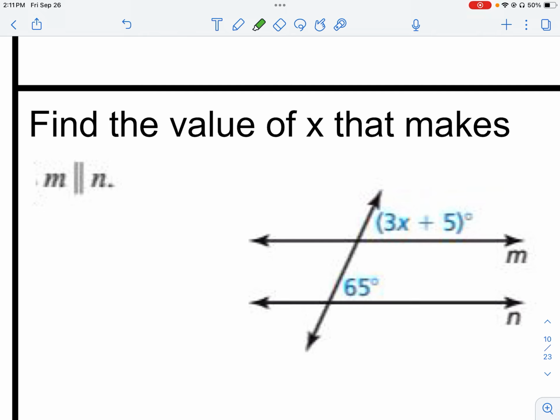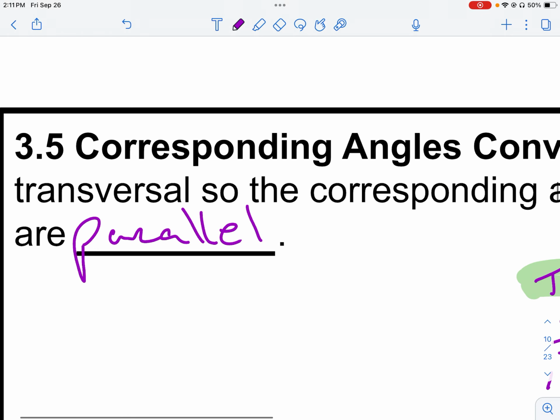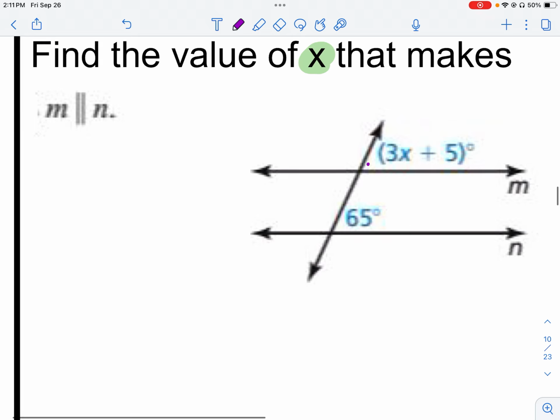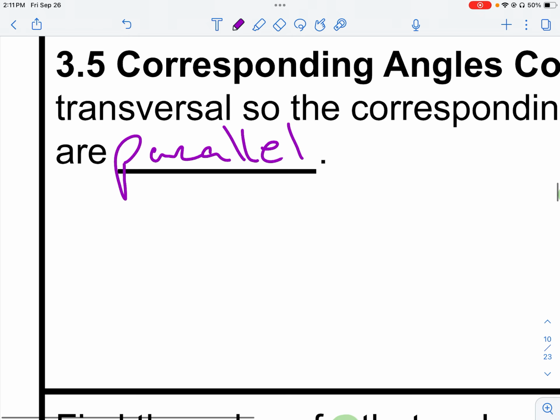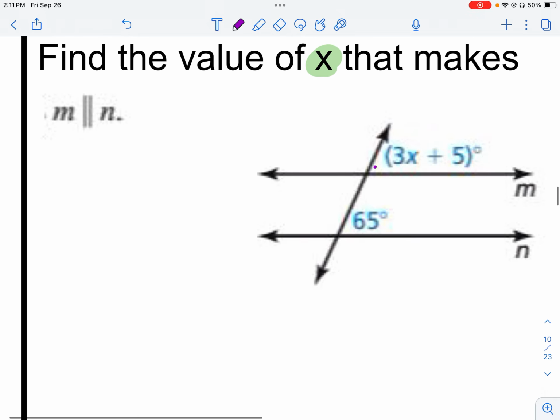Find the value of x that makes line M parallel to line N? Well, these are corresponding angles. Our corresponding angles theorem tells us that if these angles are congruent, then the lines are parallel. So we have to make these angles congruent.